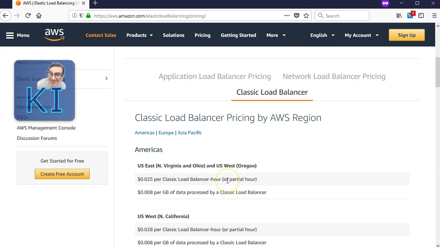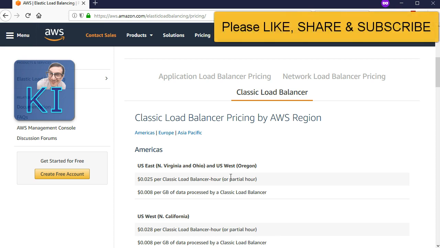Now this one is really easy. The pricing for classic load balancer depends on two factors. The first is for how many hours your load balancer has been running. The second factor is how much data passed through or got processed by your load balancer. There is a per GB rate, which you can see on the screen.